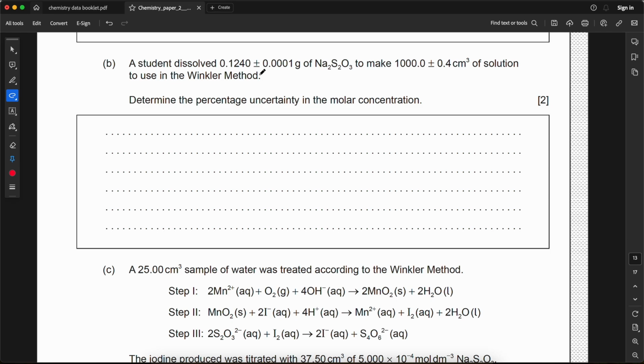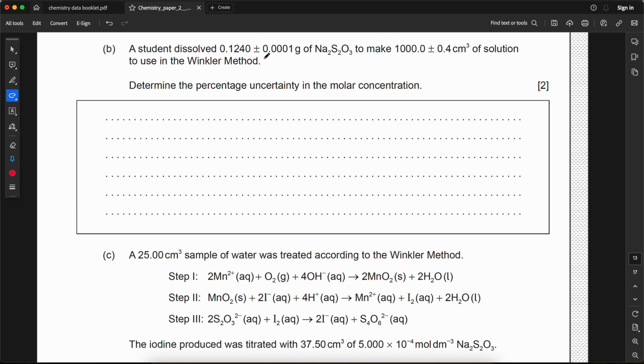centimeter cube of solution to use in the Winkler method. Determine the percentage uncertainty in the molar concentration. So first we need to find the percentage uncertainty in the mass, which is 0.0001 divided by 0.1240 times 100, you get 0.08%.